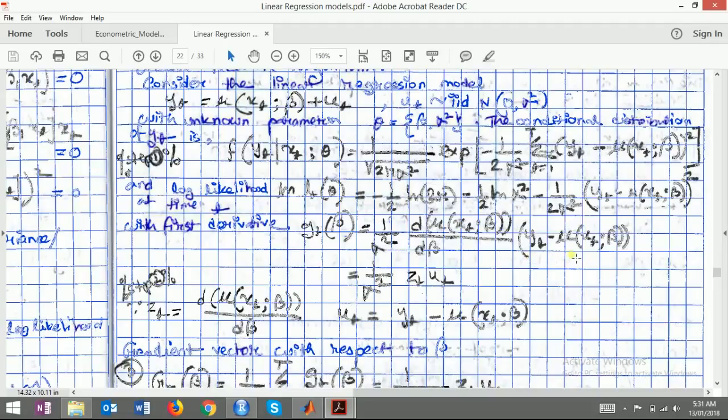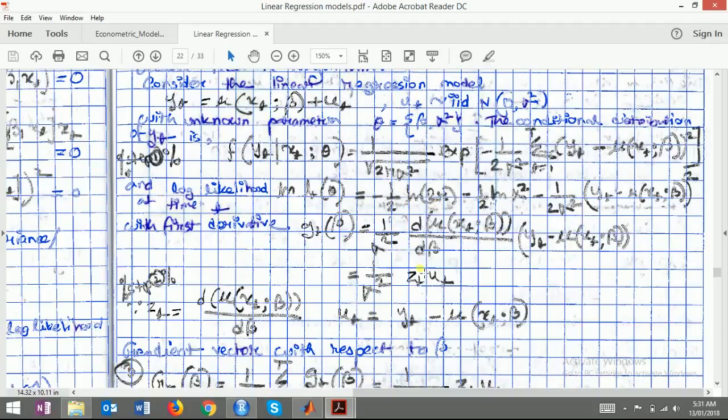This is basically known to us as ut. We can represent this with zt, which is d by d beta of mu of xt, beta, or simply d by d beta of the non-linear independent variable. Very simple.